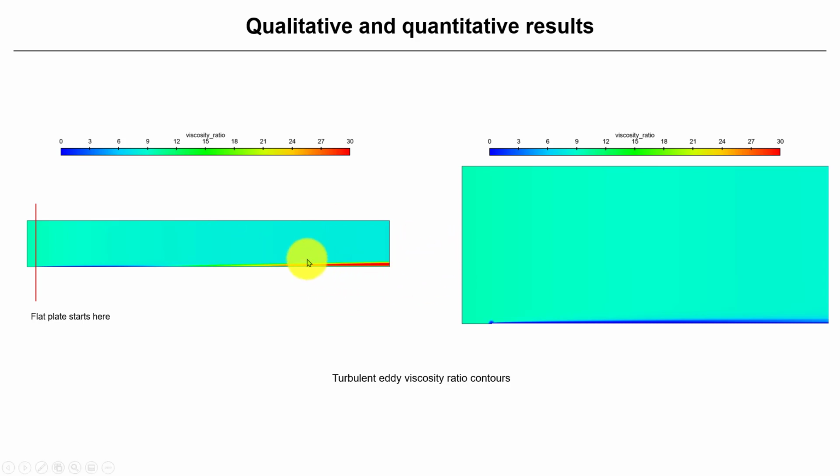So this is a good guideline to build your mesh, to have a nice stretching. See that this is laminar, and then it changes, meaning that it goes turbulent.